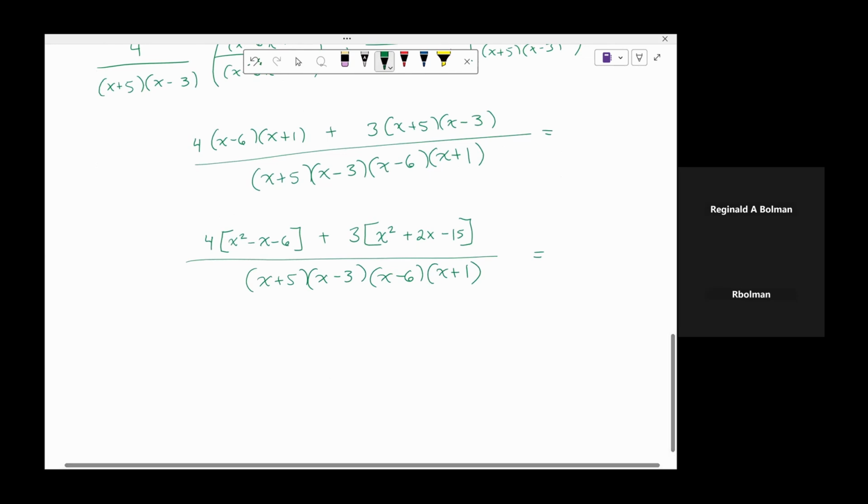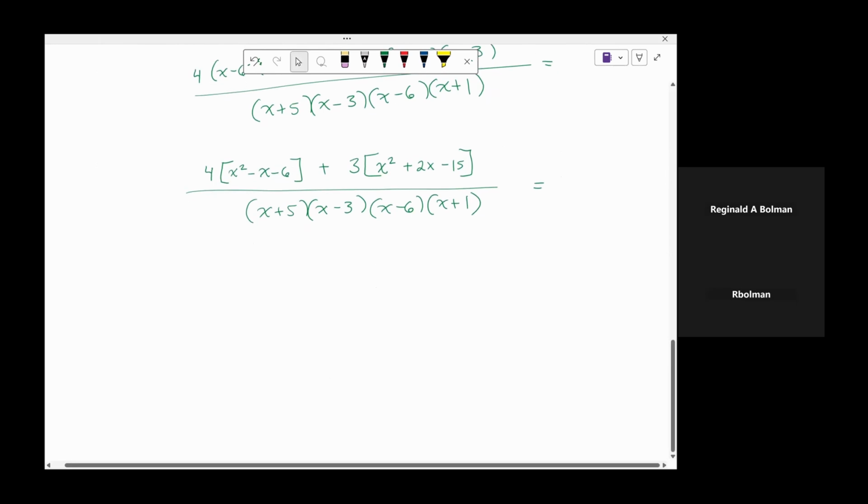So at this point in time, just take a deep breath. You're going to distribute your 4. So you'll have a 4x squared minus 4x. And positive 4 times a negative 6 is going to be a negative 4 times 6. Well, 6, 12, 18, 24. We're going to distribute this 3 to all of our terms. So we'll have a 3x squared. 3 times 2 is 6.